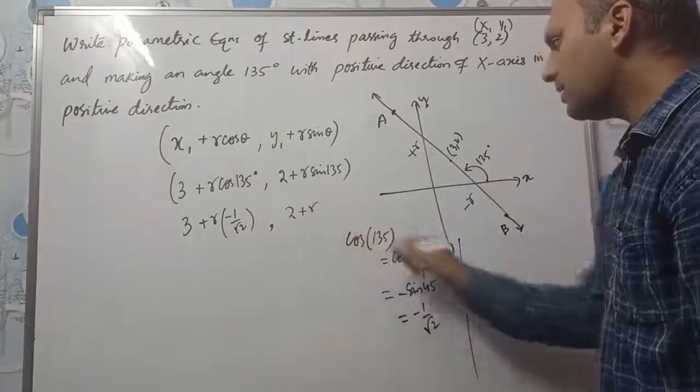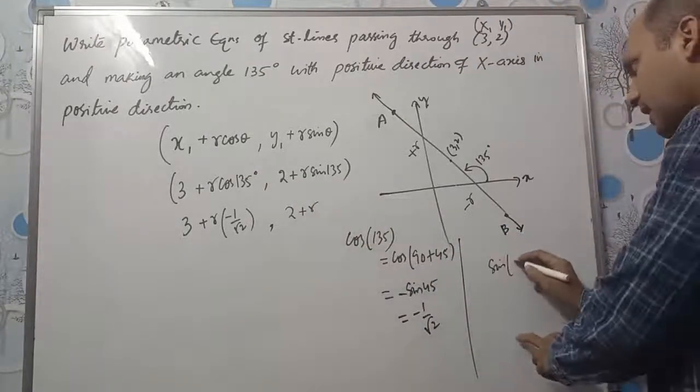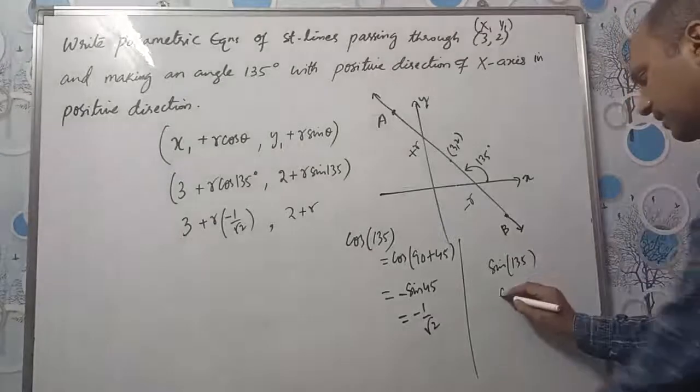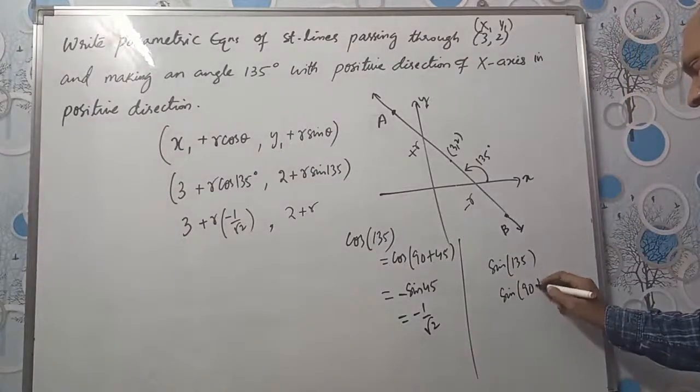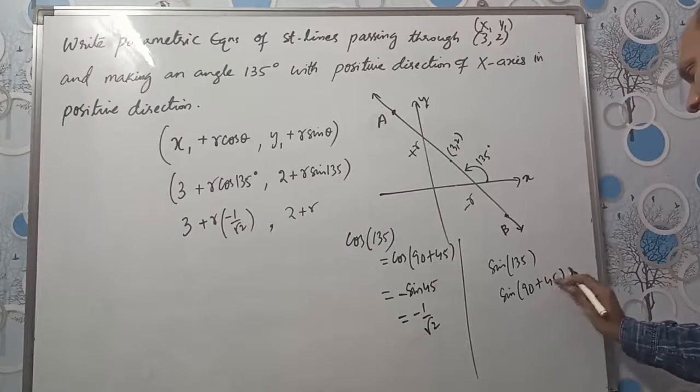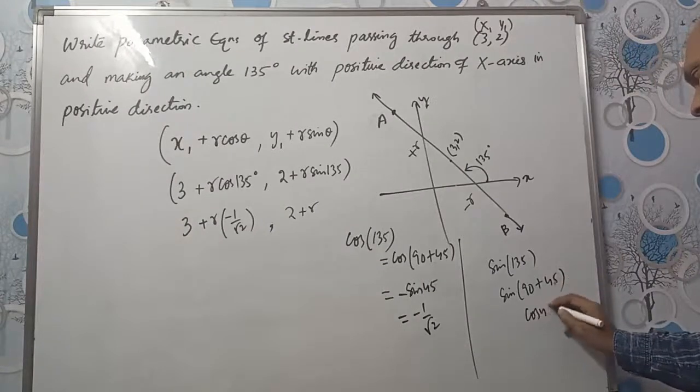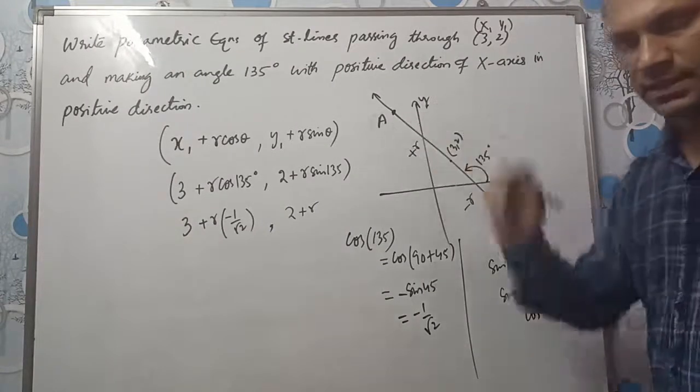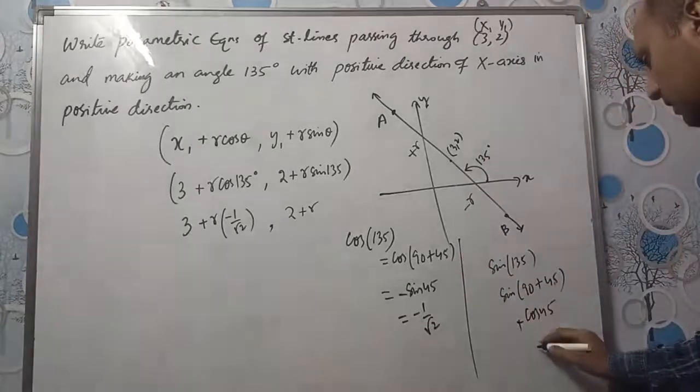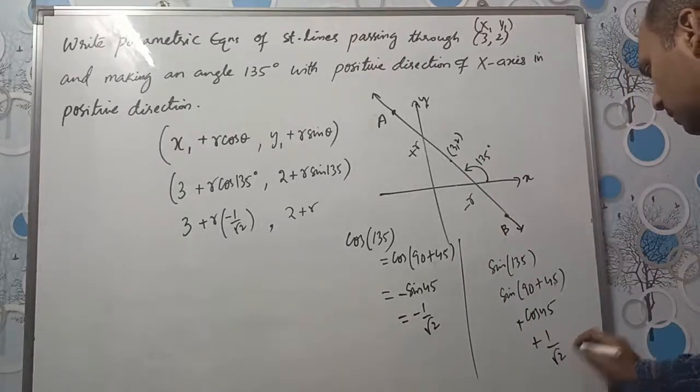Now sin 135 we can write as sin(90 plus 45), which is equal to cos 45, and 135 lies in the second quadrant where sine is positive. So this is plus 1 by root 2.